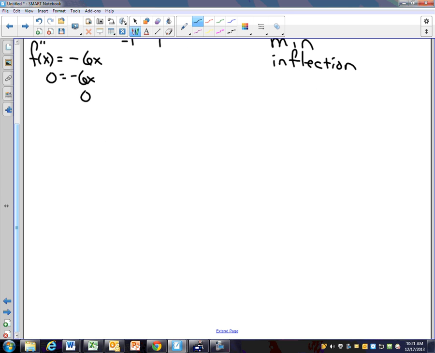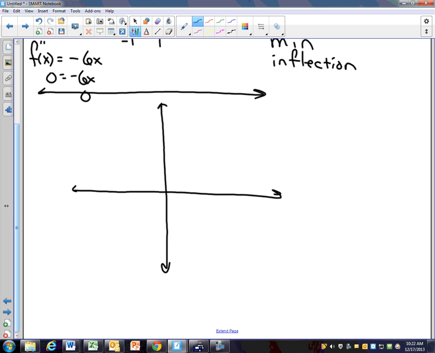So this is the point where I like to draw my graph, because we're going to do a rough sketch. And I just put the second derivative on the bottom.